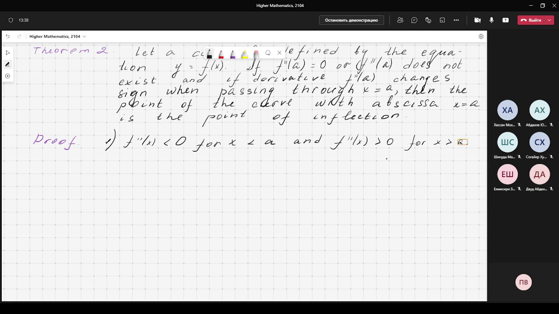Then for x less than a, the curve is convex up.